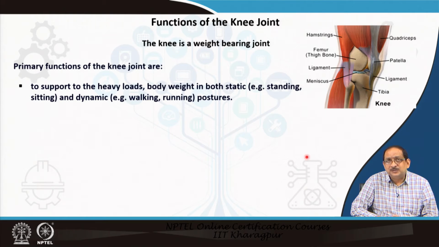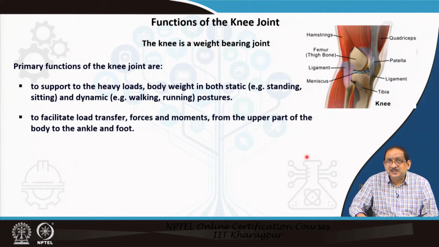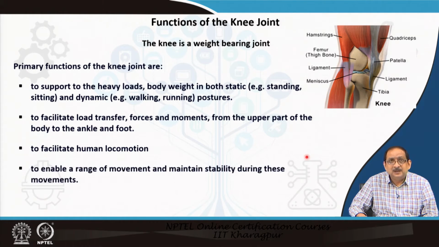The primary functions of the knee joint are to support heavy loads, body weight in both static and dynamic conditions, to facilitate load transfer, that is forces and moments from the upper part of the body to the ankle and foot, to facilitate human locomotion, and to enable a large range of movements and maintain stability during these movements.